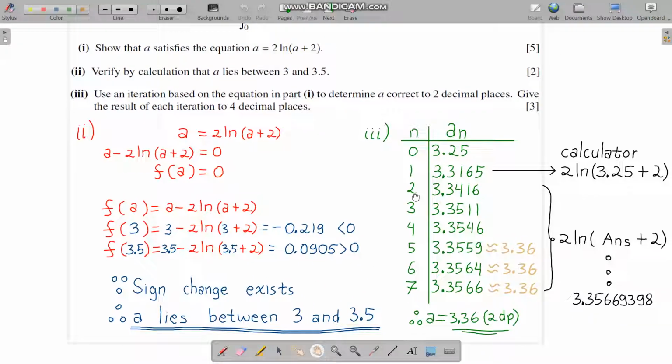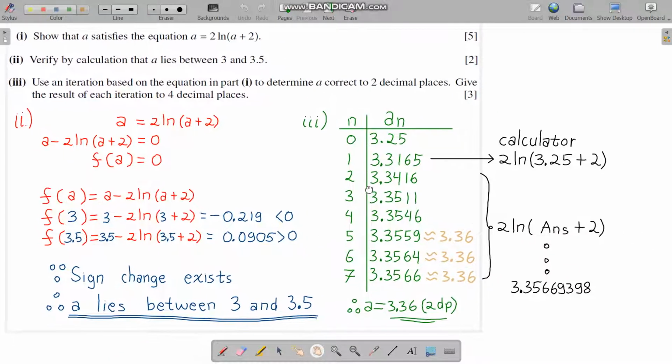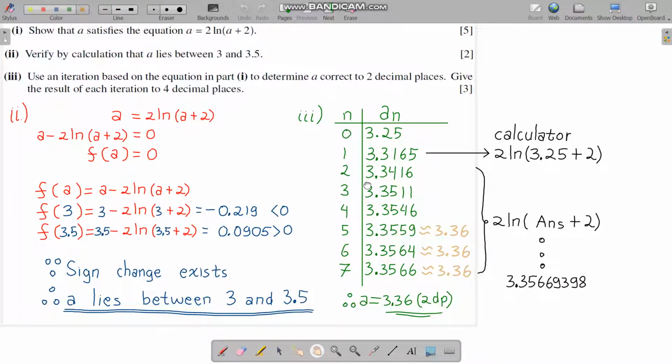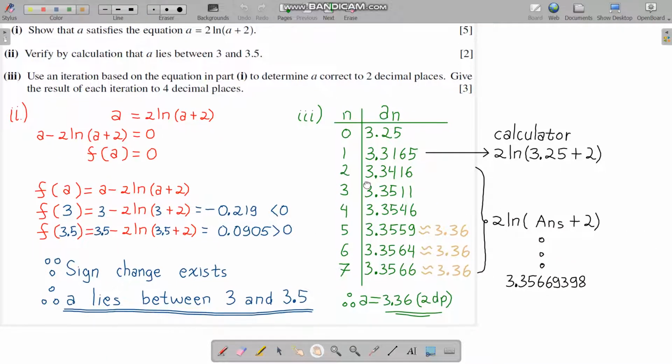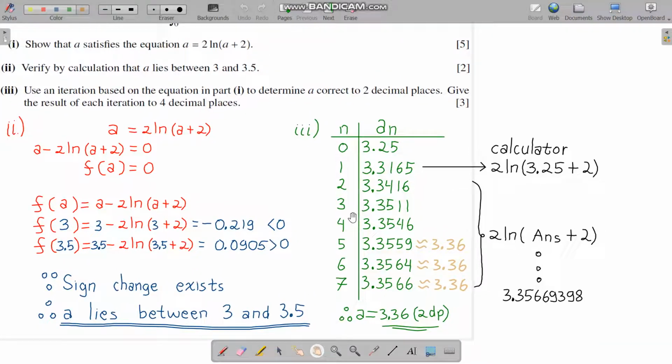And now for the part III, use an iteration based on the equation to determine A to two decimal places. Give the result of each iteration to 4 decimal places. So for the A naught, for the first value, we use exactly the middle between 3 and 3.5, which is 3.25.